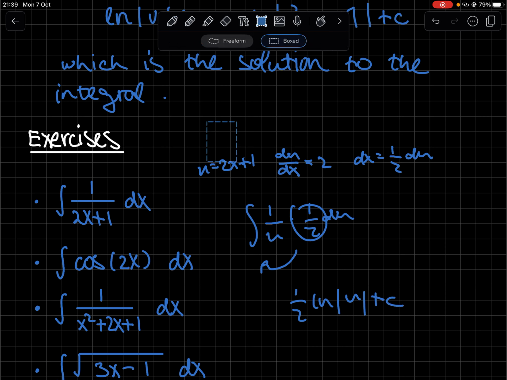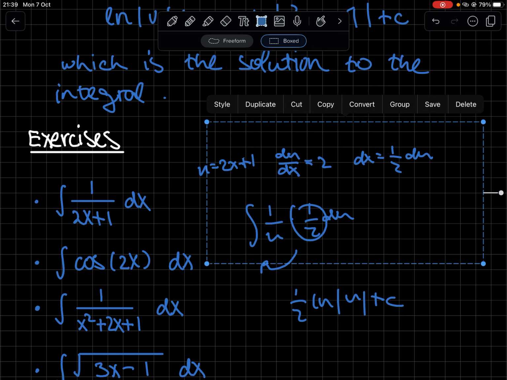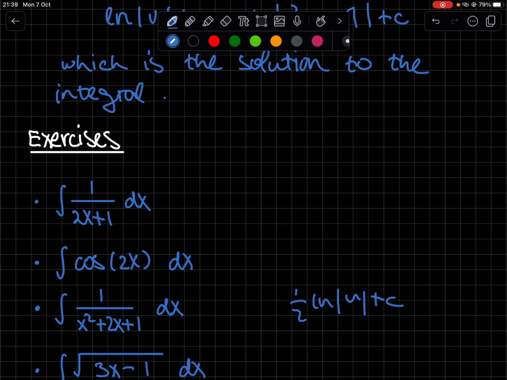And then we will just replace u by what we defined it to be, 2x plus 1. So our final answer is going to be 1/2 ln of 2x plus 1 plus c. There we go.